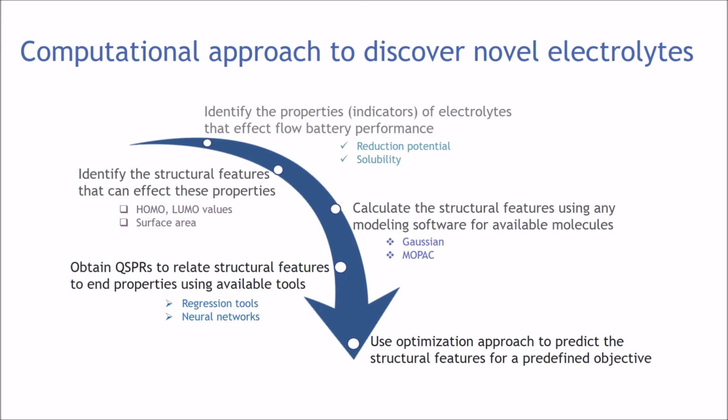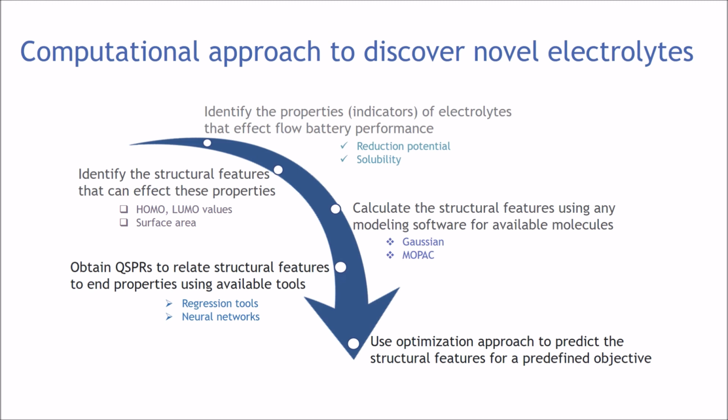Second one is to identify the structural features that affect the properties identified in step 1. Third one is to calculate the structural features using any modeling software for the available molecules. Fourth one is to obtain a QSPR for each property identified in step 1 and validate them.